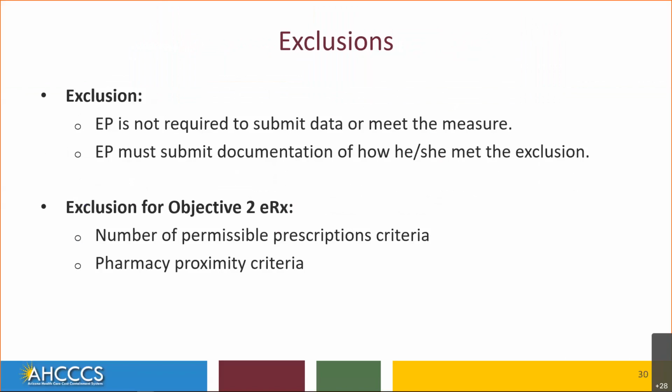The exclusion, there's two of them. So the first one is the EP is not required to submit data or meet the measure when they claim those exclusions. And the EP must submit documentation for how he or she meets the exclusion. The two exclusions for electronic prescribing are, the first one is the number of permissible prescriptions criteria, and the second one is the pharmacy proximity criteria.